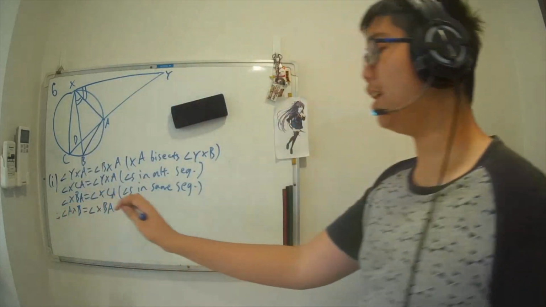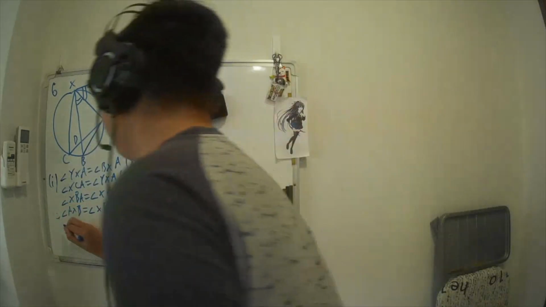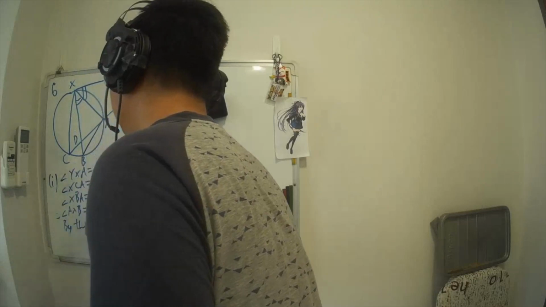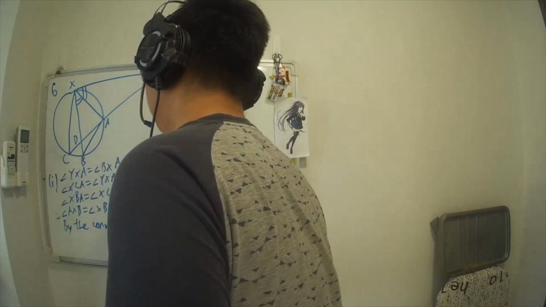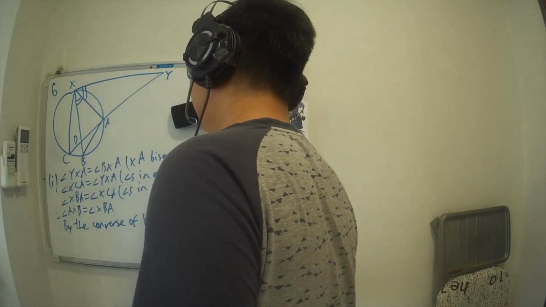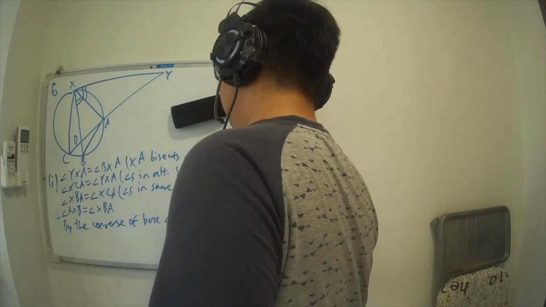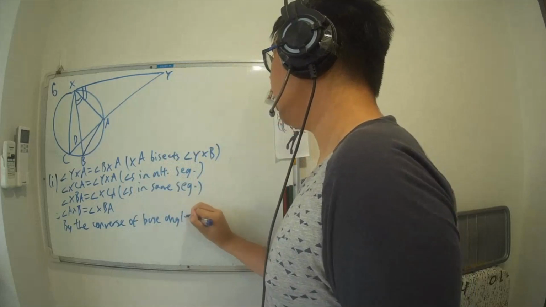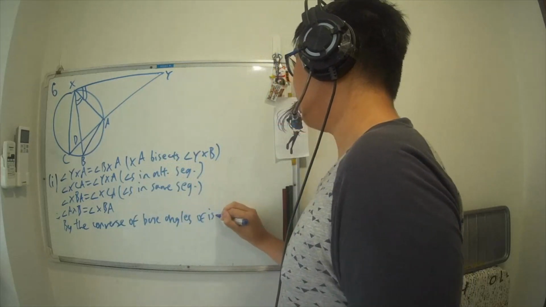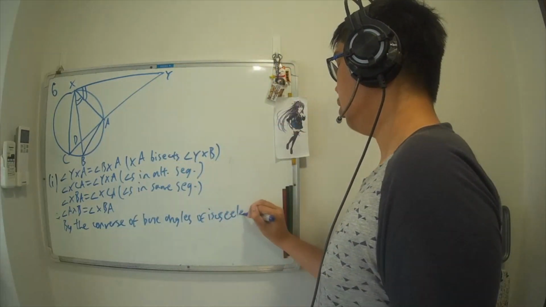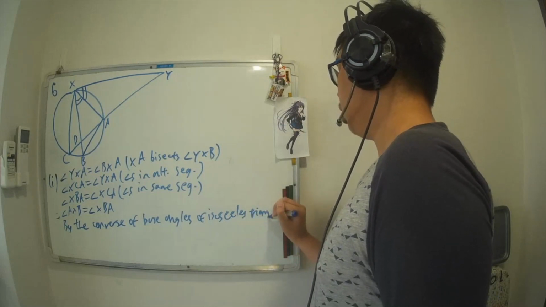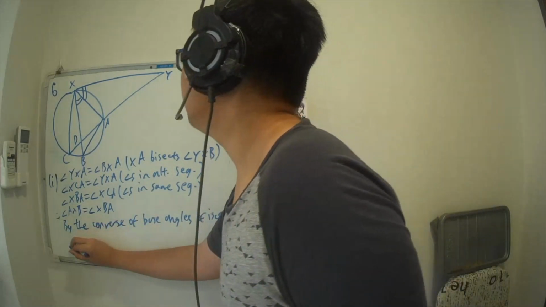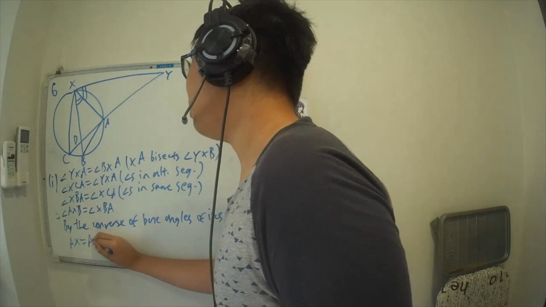So therefore, AXB is equal to XBA by the converse of base angles of isosceles triangle. AX is equal to AB.